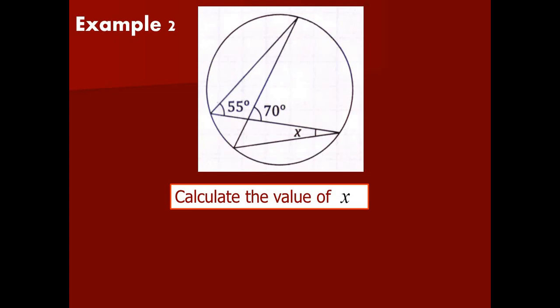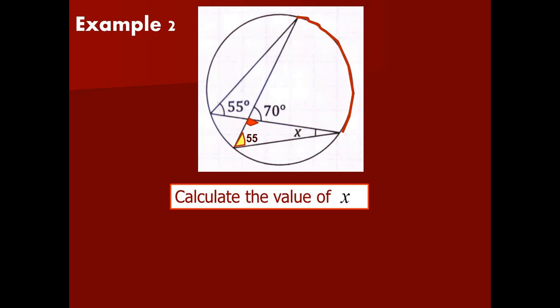You can see here angle 55 and this angle are using the same arc, right? Given 55, what is the value of this angle? You're going to have 55, because they are using the same arc.